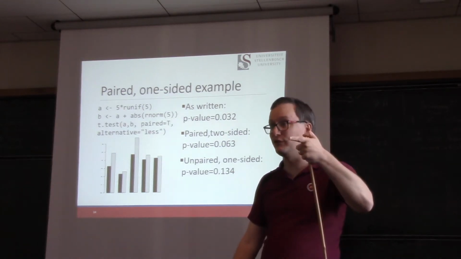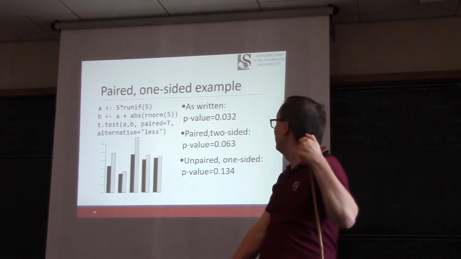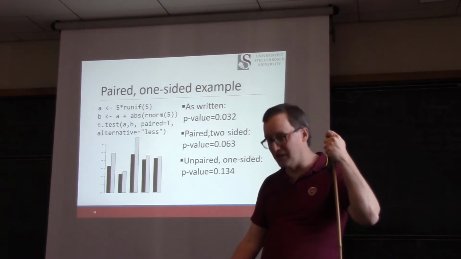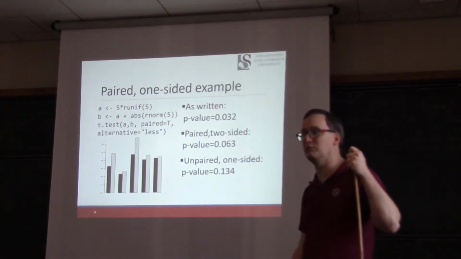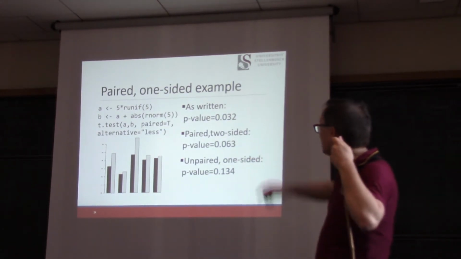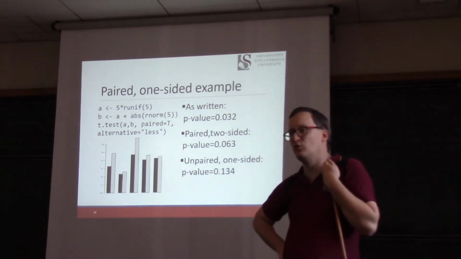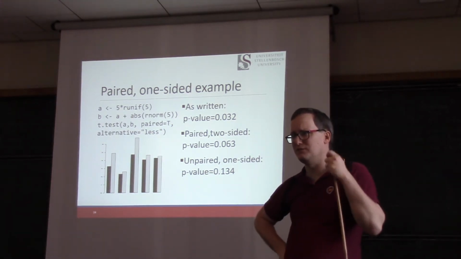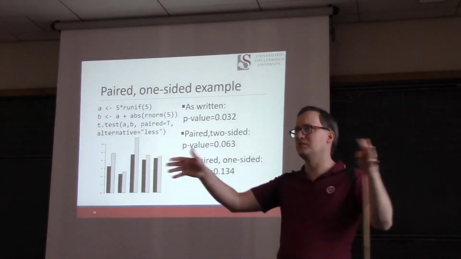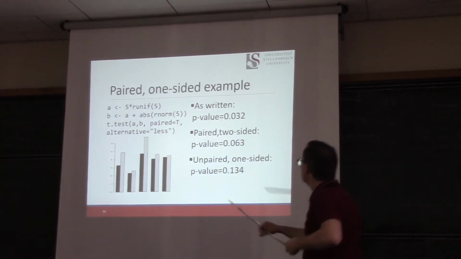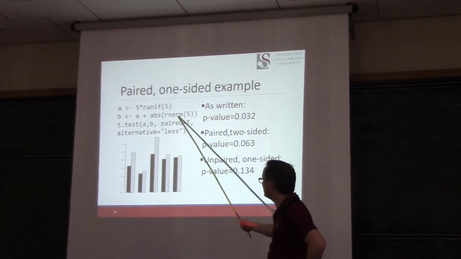The smallest value runif can kick out is a 0. We're multiplying that by 5. Therefore, the smallest value that an A could be would be 0. And then we're adding the absolute value of a normally distributed number, mean of 0, standard deviation of 1. So the smallest this part can be is 0.